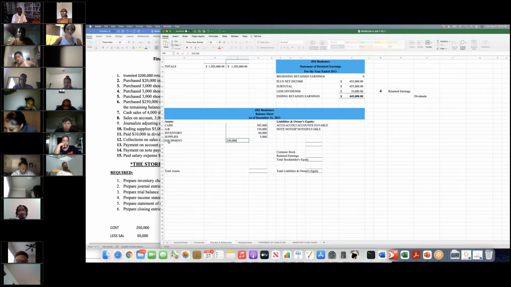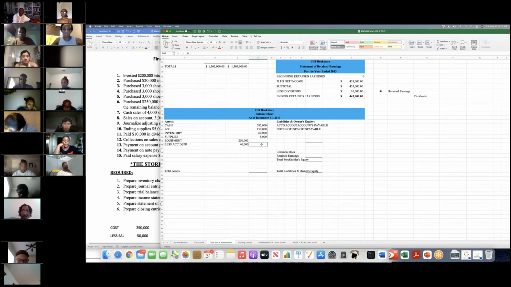But it's less accumulated depreciation. So how much is our accumulated depreciation? 40,000. So therefore, this is how we net the cost of that equipment in there at 210.